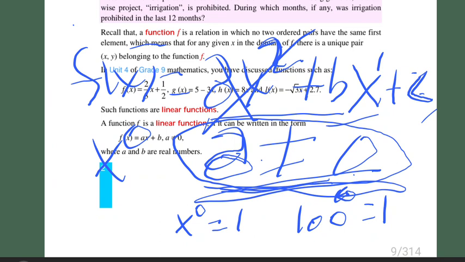Then this function is changed to what? A linear function. When a is equal to 0, so a must be unequal to 0.